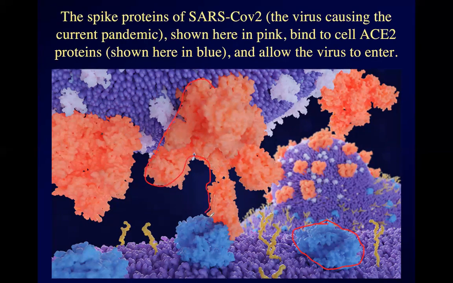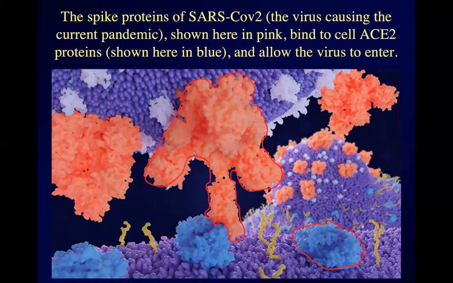Coronavirus is able to recognize your cells because its spike proteins have the right shape. There's protein shape again, just the right shape to bind to ACE2.